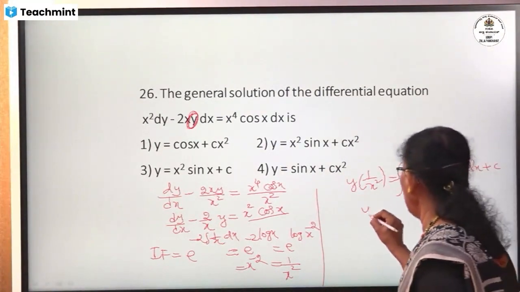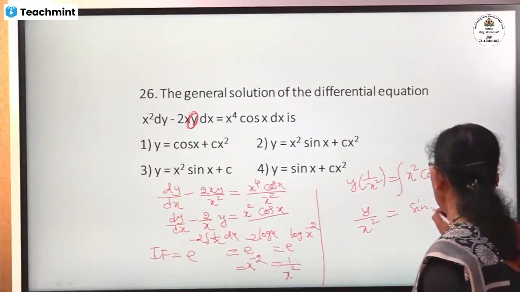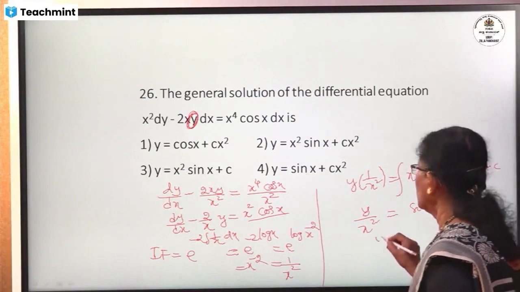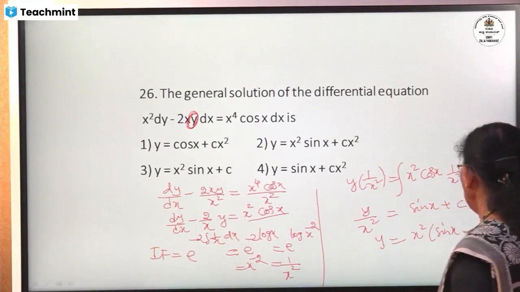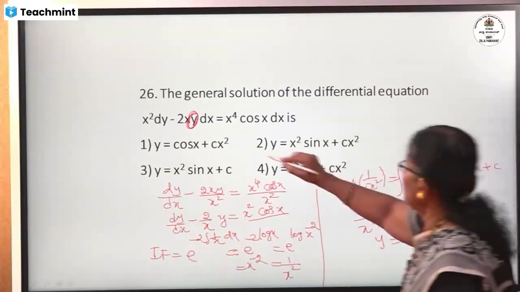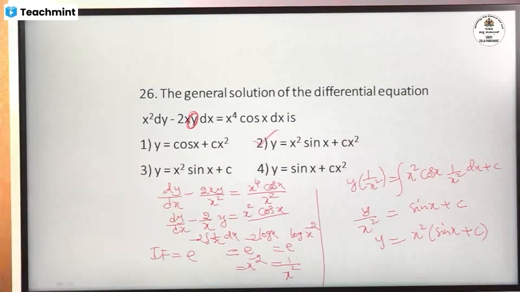So this is y by x squared equal to sin x plus c. So y is x squared into sin x plus c. That is the second option. Is this fine?